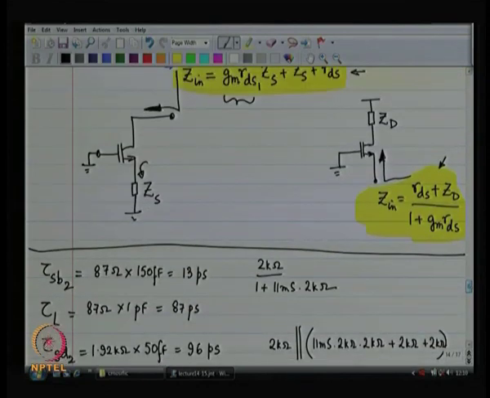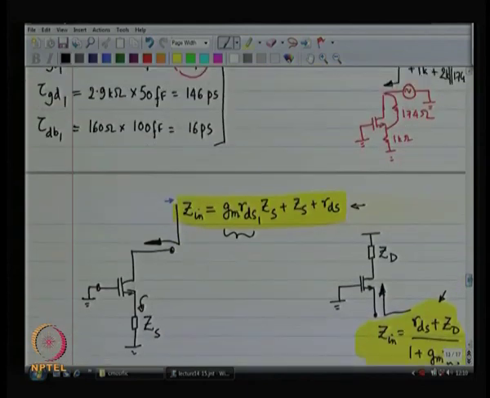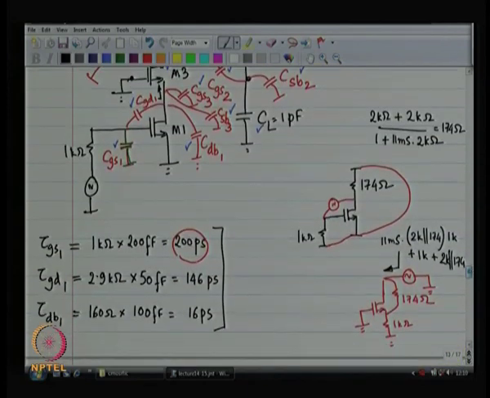Gate to drain of device number 2 remains the same. Load remains the same. Source to body of device number 2 remains the same. Gate to source of device number 1 has already been accounted for. Gate to drain of device number 1 has already been accounted for.